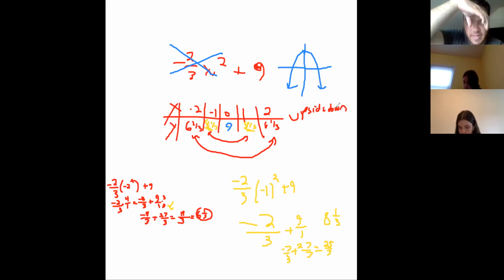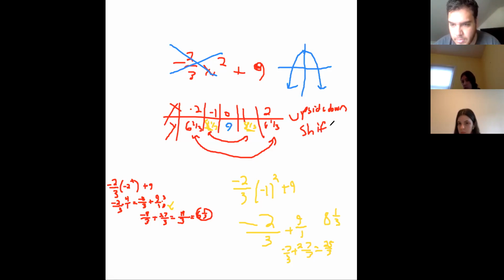The opening is downwards, which is the verbiage they use in the homework tonight. And then the second part is whether it shifted up or shifted down. Because it's a +9, it got pushed up 9 spaces. So you could say it's shifted up.